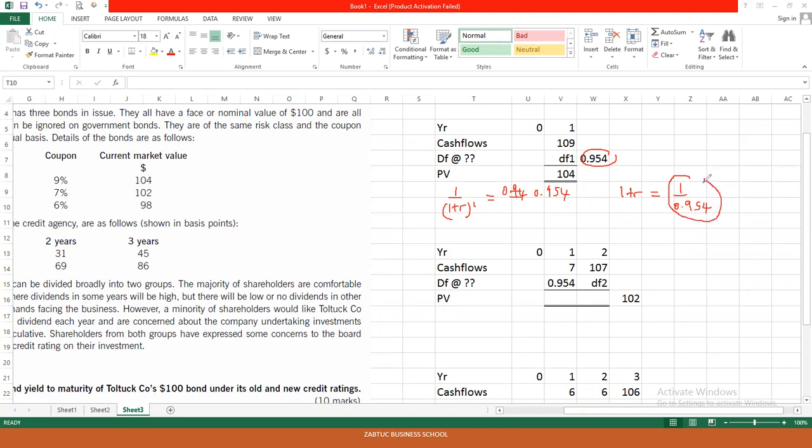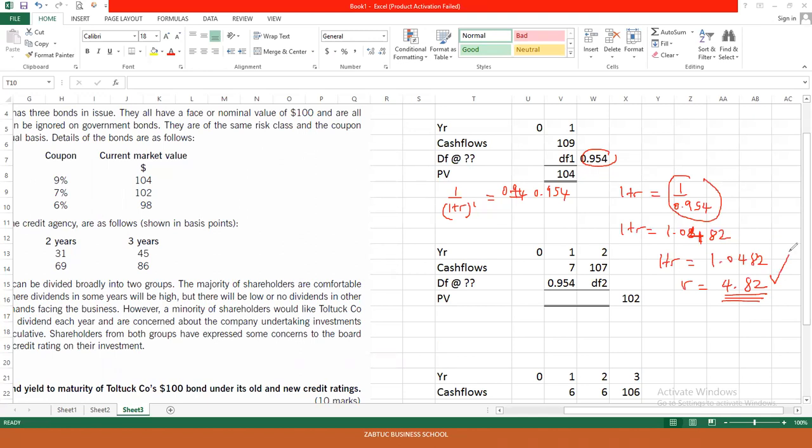Can somebody simplify that? 1.0482. Okay, so what is the rate? Let me write out that properly. 4.82. Yes. So in terms of the percentage, this is 4.82%. So we have found the first rate. You have found the discount rate for year 1, or the spot yield.